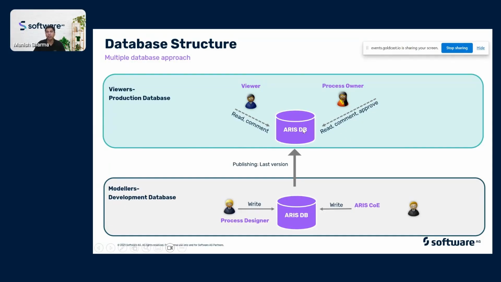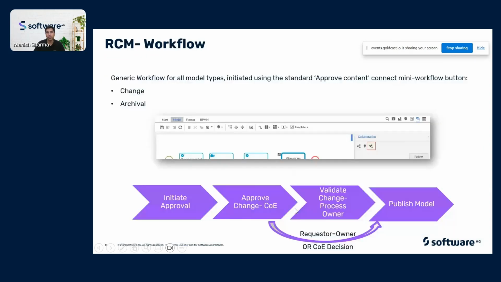There's also an archive database, which I have not shown here, but the archive database is to manage the history in terms of audit trail. So as part of this process, if I go back, it also allows archival.